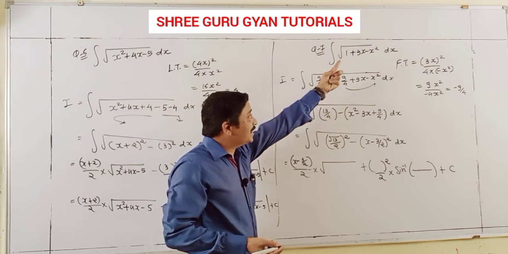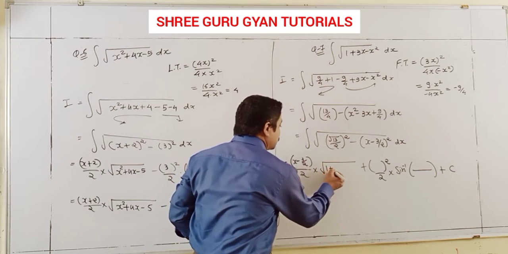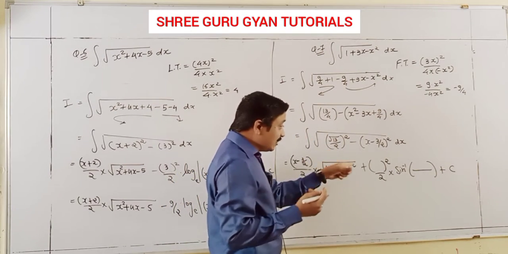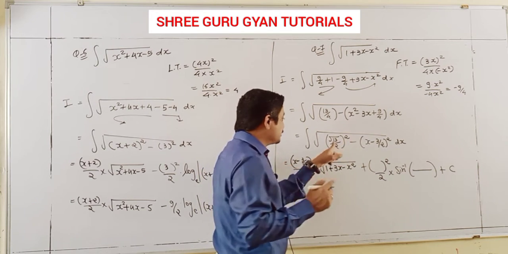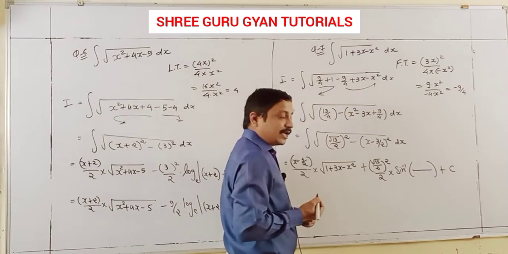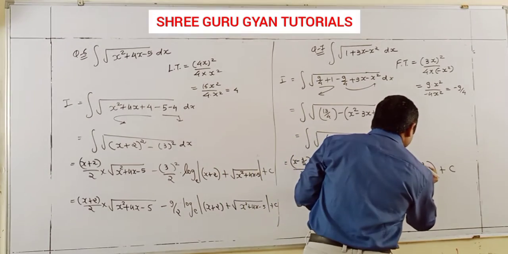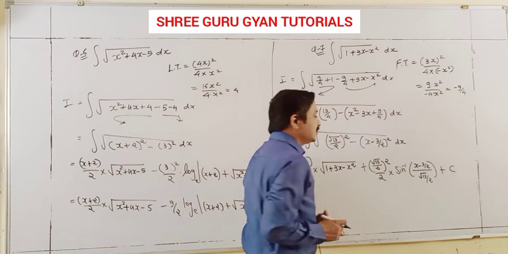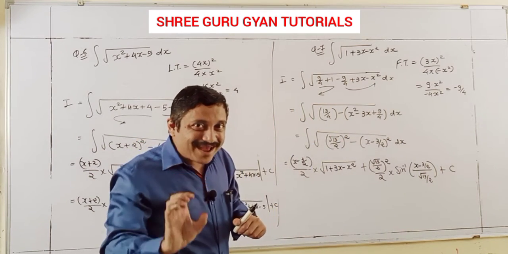It means you write down the question 1 by 3x minus x square. Here write same as your constant, root 13 by 2, and that continues x minus 3 by 2 by root 13 by 2. It means sine inverse x by a.